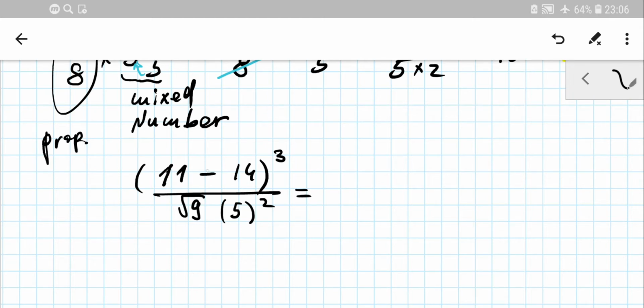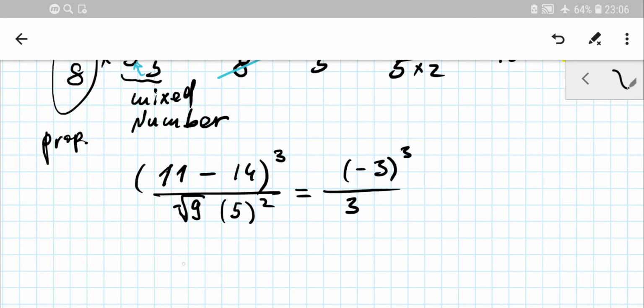So first of all, you're thinking about operations to simplify the top and the bottom parts. Here you'll get negative 3 cubed, right? And over, the square root of 9. The square root of a square number always gives you just the number that, if you multiply it by itself, you get the expression under the square root.